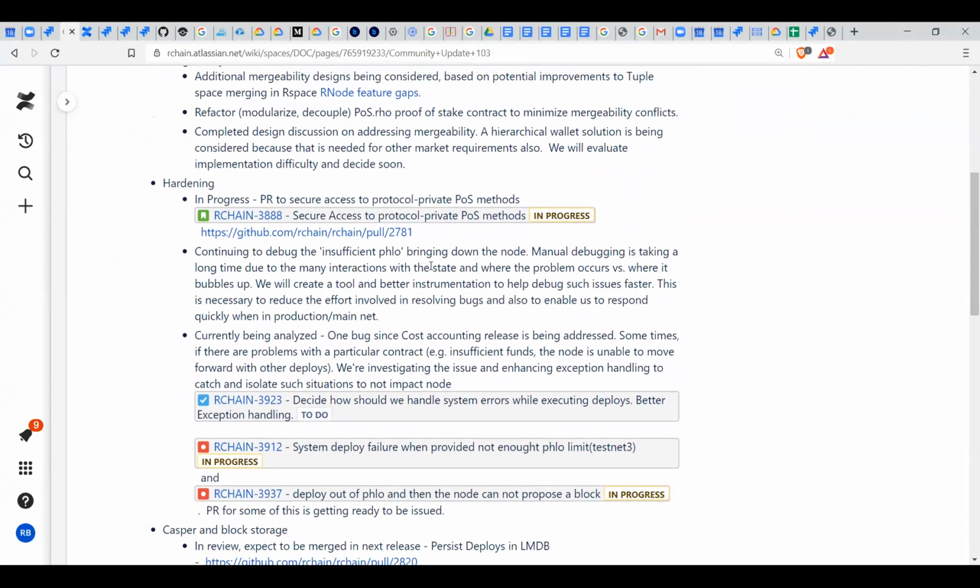That is being currently investigated, and we see that there are changes in the RSpace state rolling back. That's an issue in some places, and the replay is not giving the same results. So there is basically where the error occurs versus where all it bubbles up.